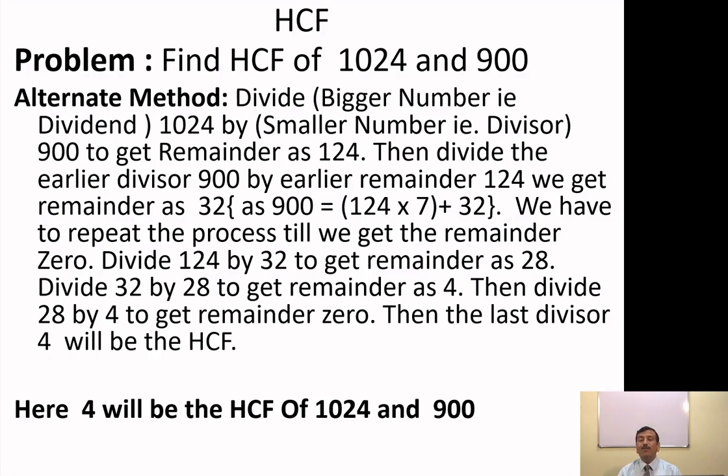So divide 124 by 32 to get the remainder 28. Then divide 32 by 28 to get the remainder 4. And then divide 28 by 4 to get the remainder 0. Then the last divisor 4 will be the highest common factor. Here 4 will be the HCF of 1024 and 900.